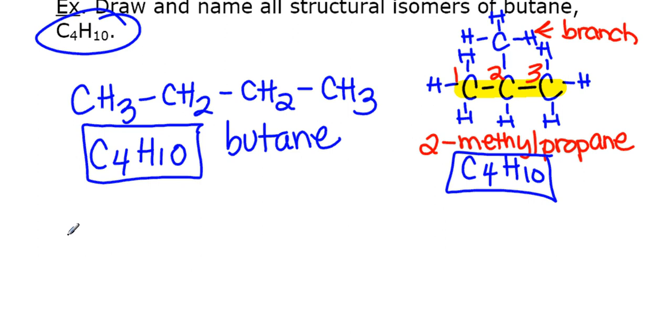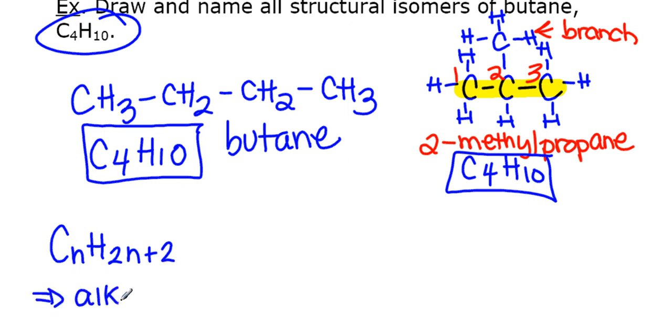So if you see a formula that follows this pattern, CnH2n+2, where the number of hydrogens is double the amount of carbons plus 2, this is going to fall in the alkane family. A good example of this would be exactly what we see up here. C4, so n is equal to 4, and the H's would be 2 times 4, which is 8, plus 2, which is 10. So you can see, okay, it's falling in alkane where you get the butane.